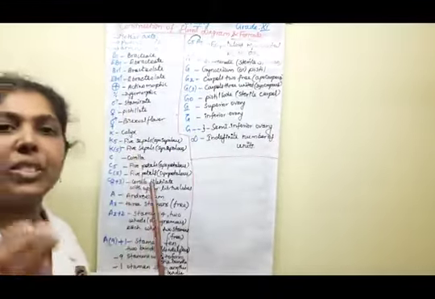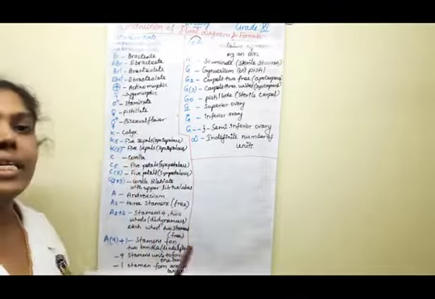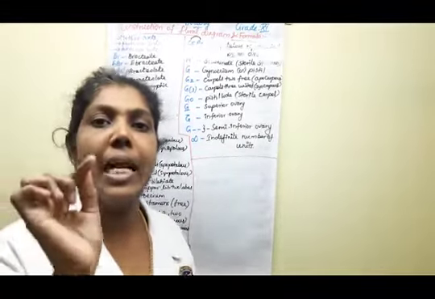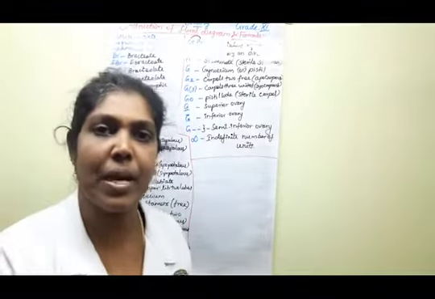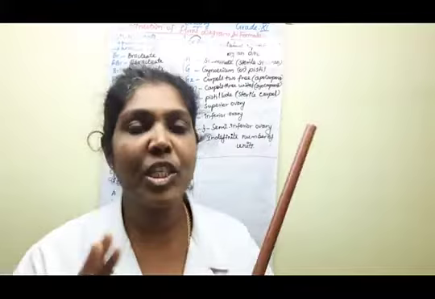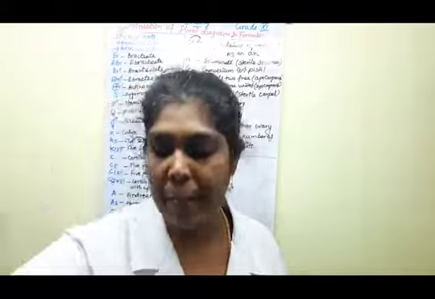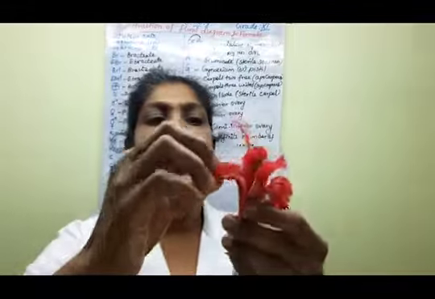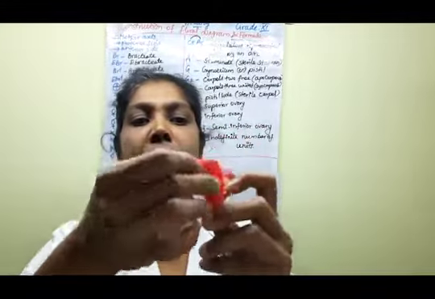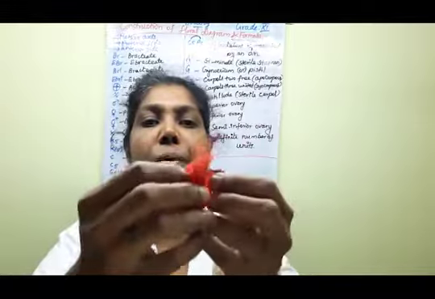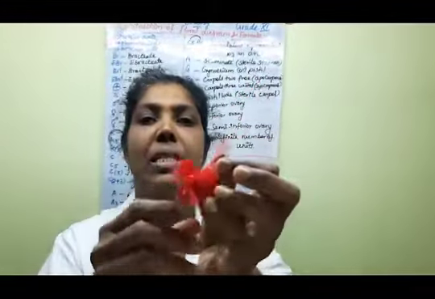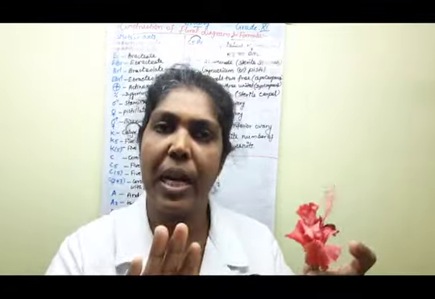Yes, good. Next, you have to follow the same for the corolla. The corolla is denoted by the letter C. The condition is the same. If the petals are free, you just mention how many petals there are. Suppose in this flower, how many petals are there? 1, 2, 3, 4, 5. This is 5. Count the number of petals and write that number. Clear, children?